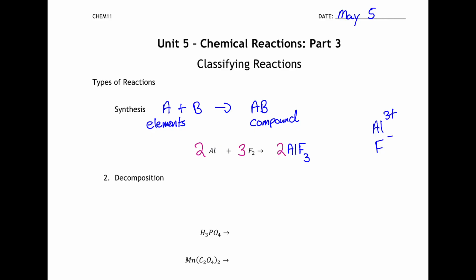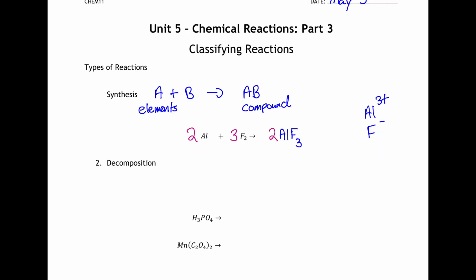All right, the next type is a decomposition. It's basically synthesis backwards. It's AB goes to A and B. So it's basically just backward synthesis. But we're going to assume all compounds break down completely.